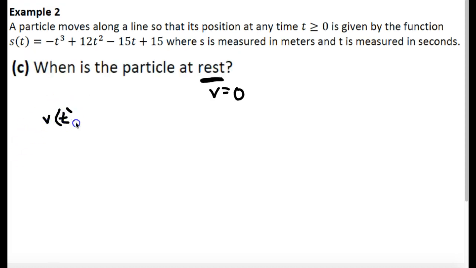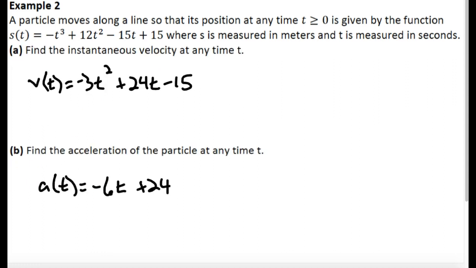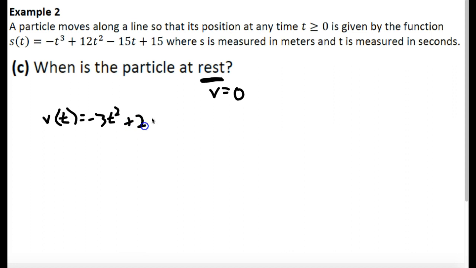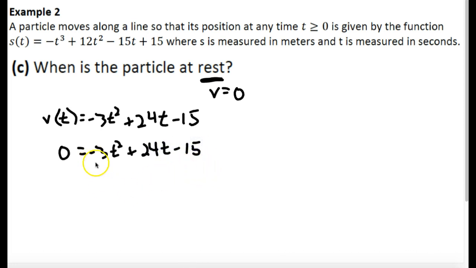So I just want to set this equal to 0. So 0 equals negative 3t squared plus 24t minus 15. It looks like I could divide everything by negative 3. So if I do that, I would get t squared minus 8t plus 5.